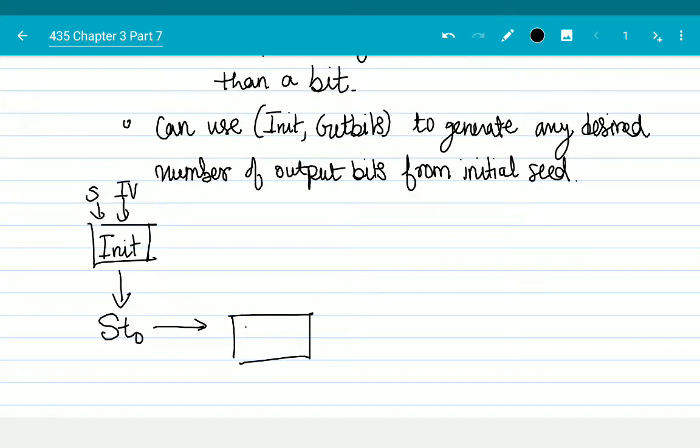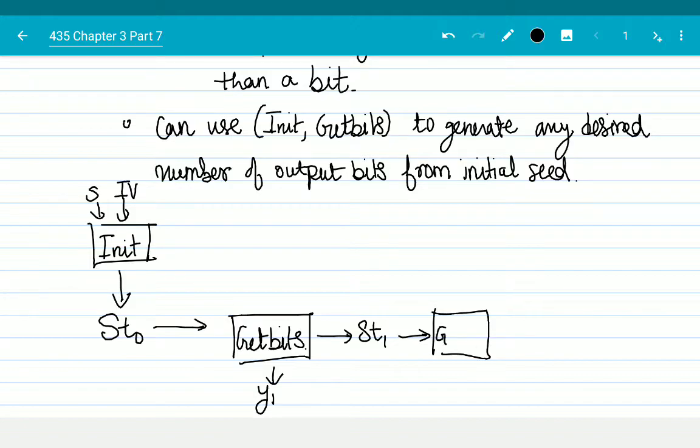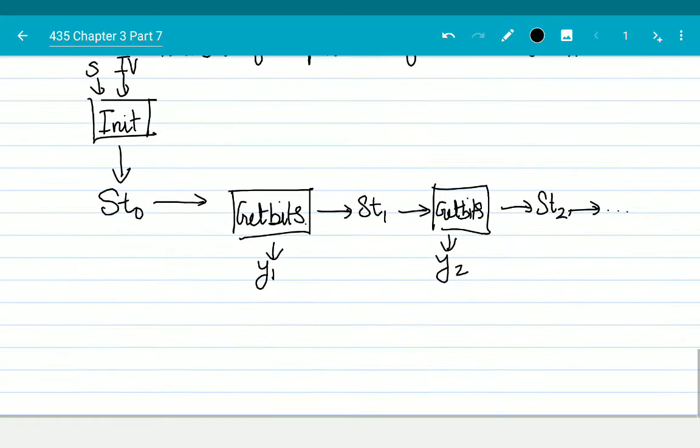This gets fed to get bits, which outputs y1, state becomes st1, get bits gives me another bit y2, st2, so on, right? Till I get as many bits as I want. Okay.